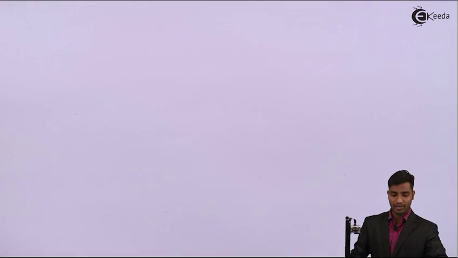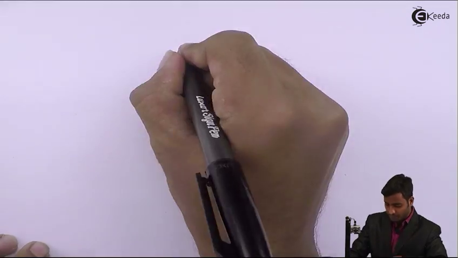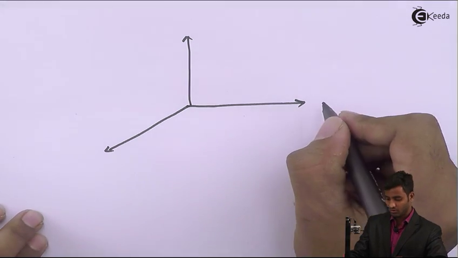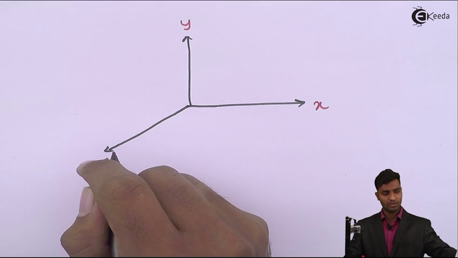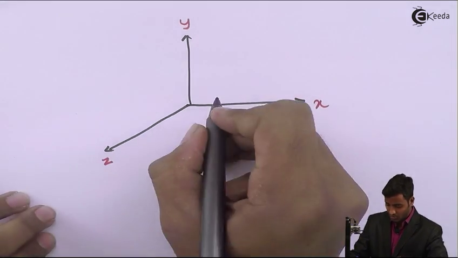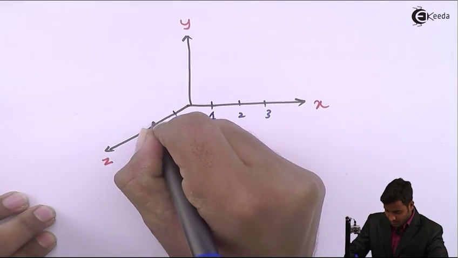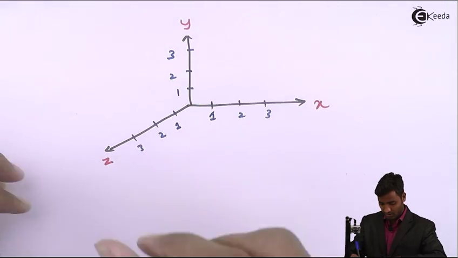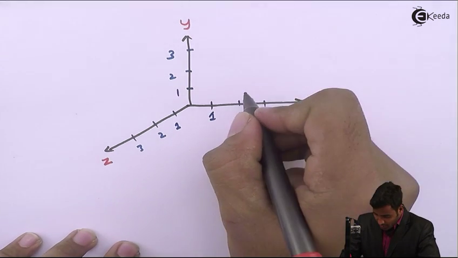So now we will plot on a graph paper. This is the x, y and z axis. This is 1, 2, 3, 1, 2, 3, 1, 2, 3. So the value of P1 is 2, 2. So it will come here.